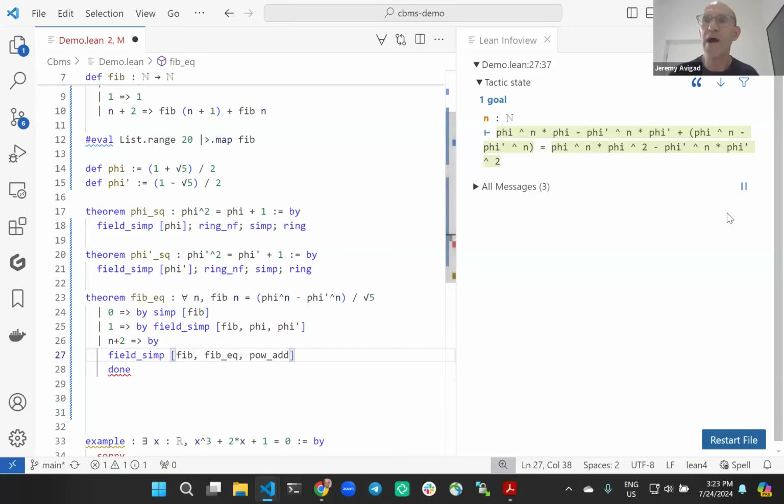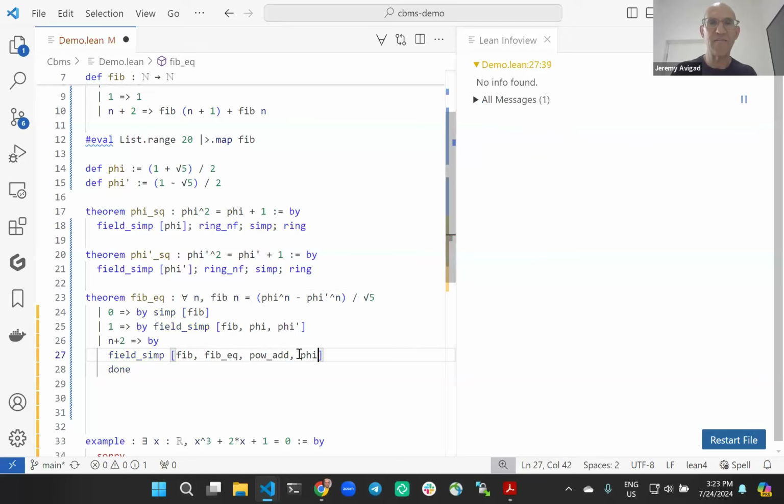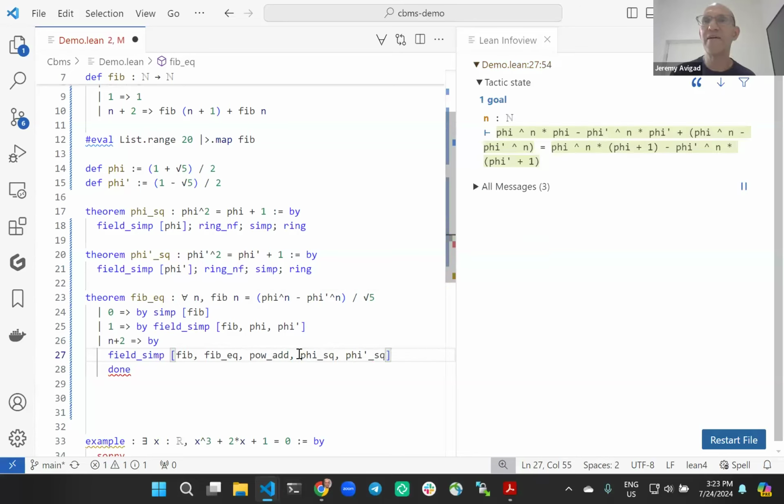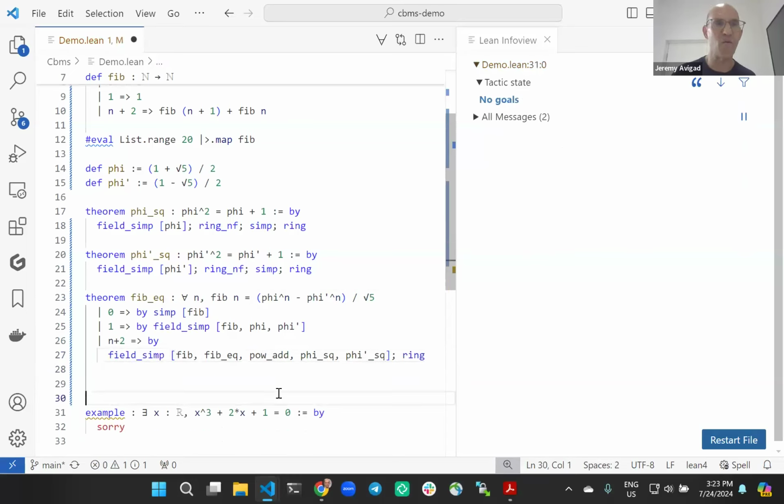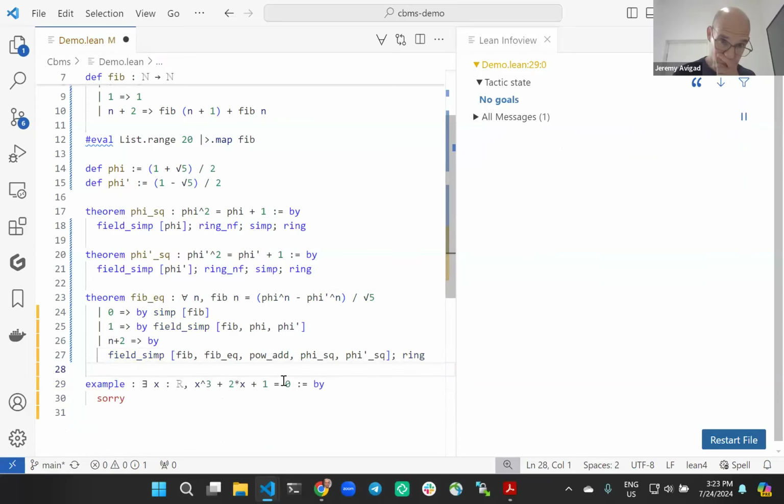And we're making progress. You see, here's a phi squared, here's a phi prime squared. So let's give the lemmas phi square and phi prime square. And now it looks just kind of like a mess, but it looks like if you multiply through and cancel, maybe it'll all work out. And there's a tactic for that, and we proved it. Okay, so that's the proof of one elementary identity in Lean.